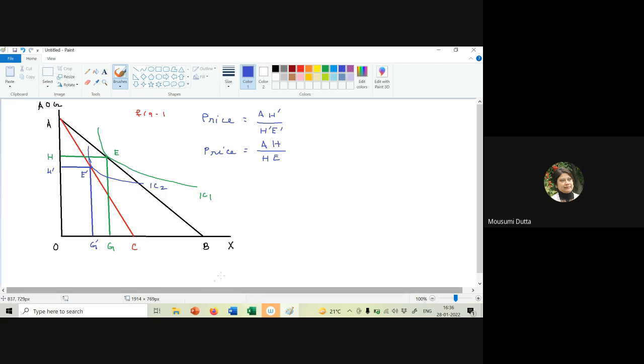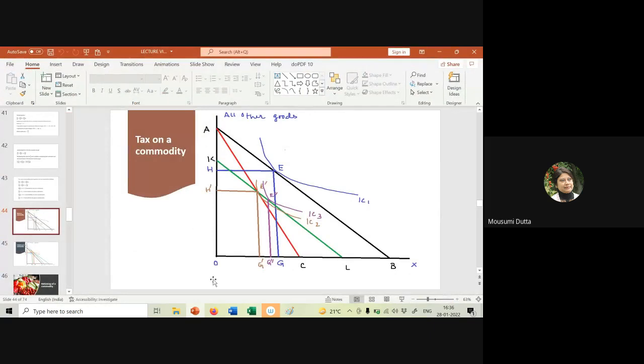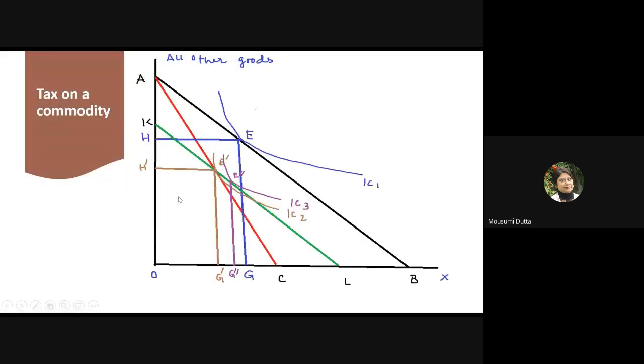First look at the diagram, the structure of the diagram, then I'll draw this. So this is E prime. Now I am drawing a budget line KL, this green one, which is parallel to AB through this point E prime.